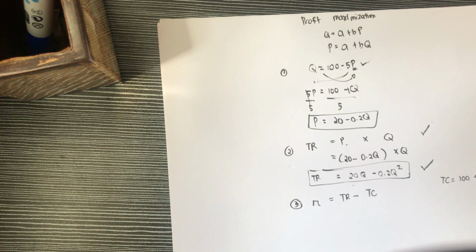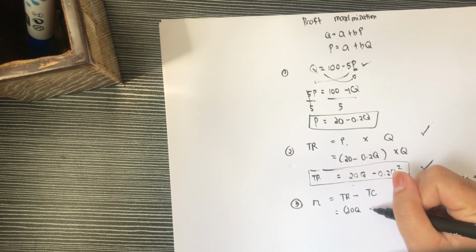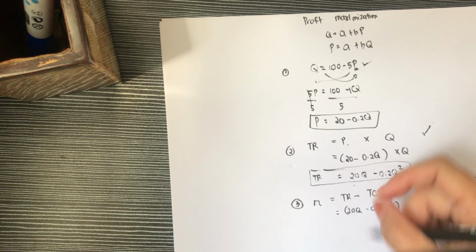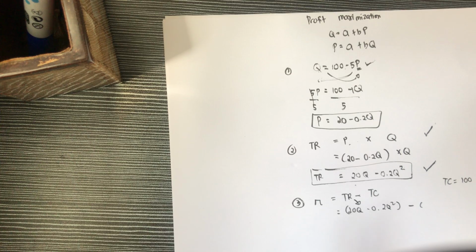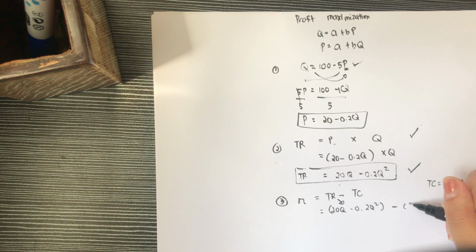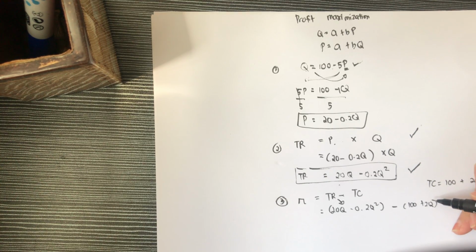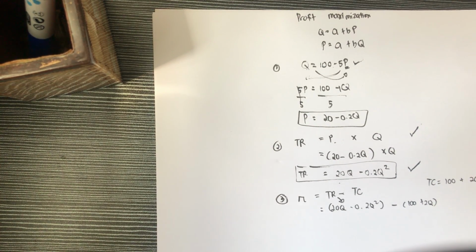But anyway, let's proceed. So TR is 20Q minus 0.2Q squared. That's your TR here. And your TC is, let's enclose it in a parenthesis, 100 plus 2Q. Don't forget to enclose it in a parenthesis, because you might encounter a problem later if you don't.